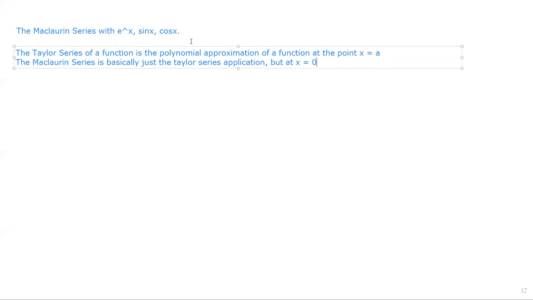And there's a general formula that we can use. So for the Taylor series, it's written like this.